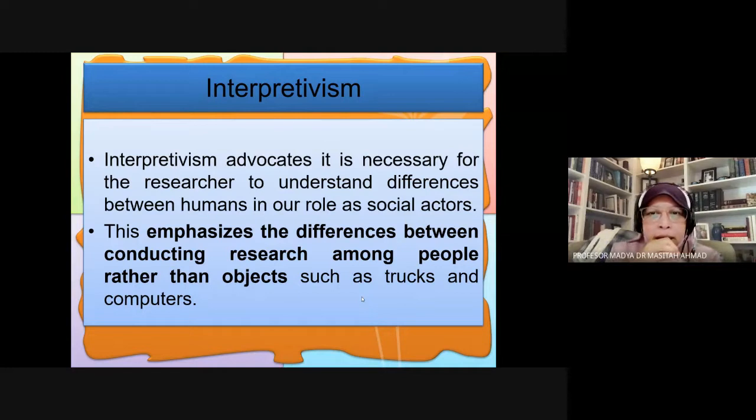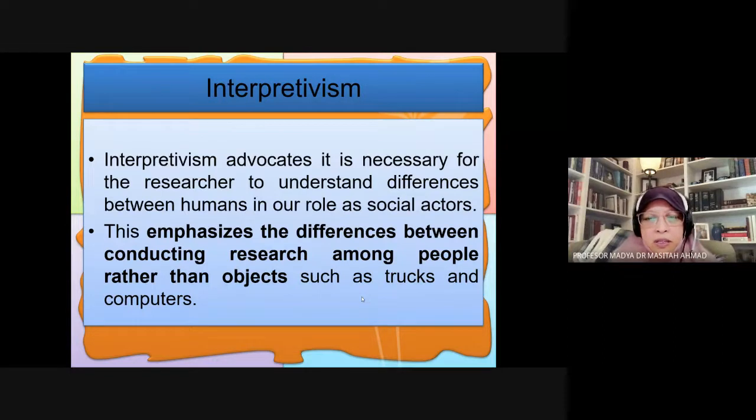So in interpretivism, we conduct our research based on the people surrounding us rather than on objects.